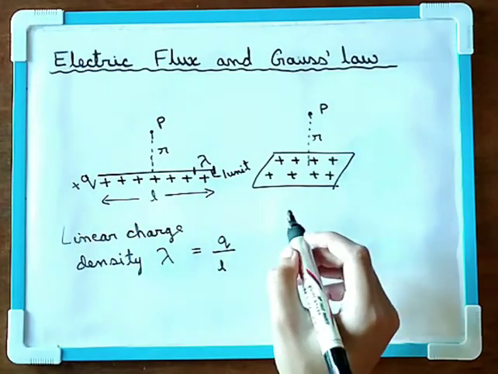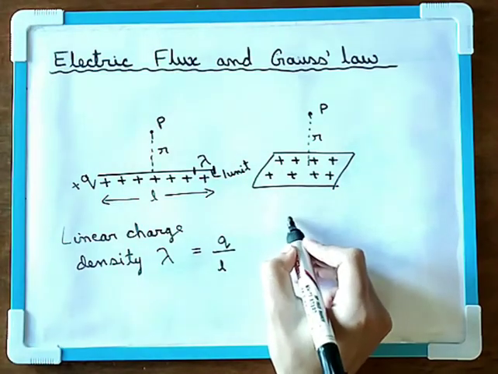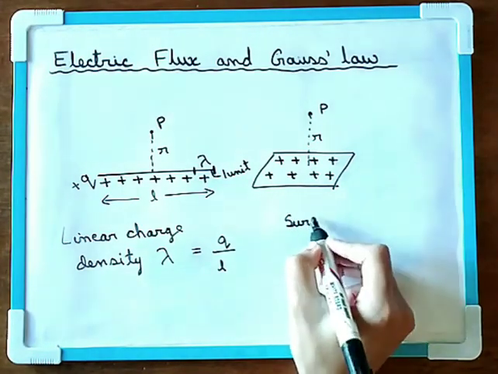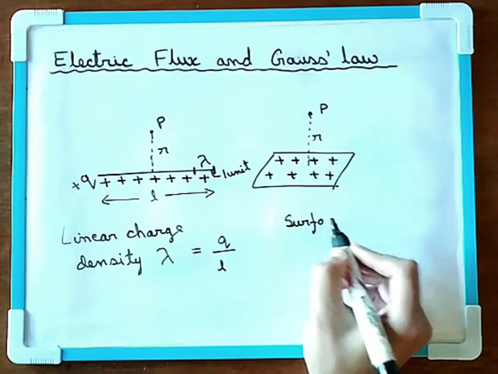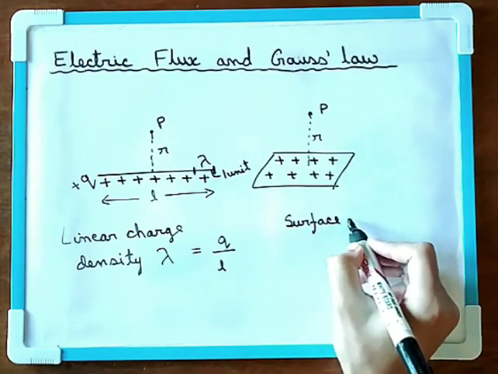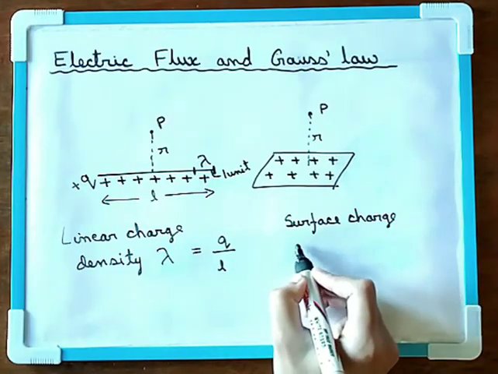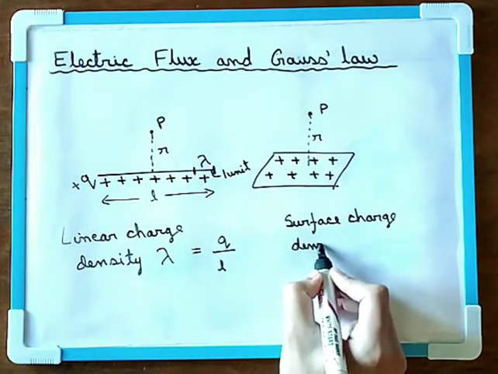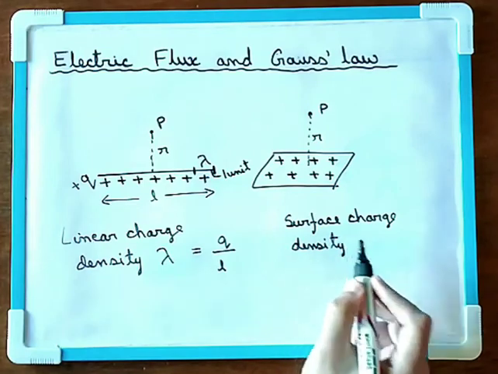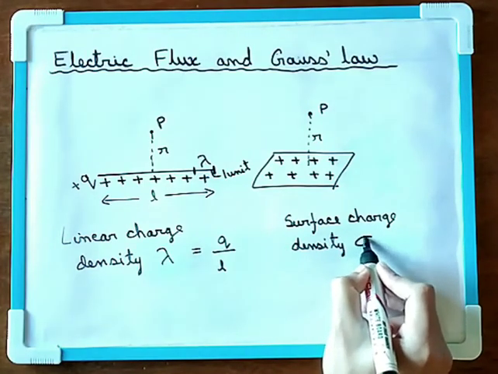Then another definition is the surface charge density, which is denoted by sigma.